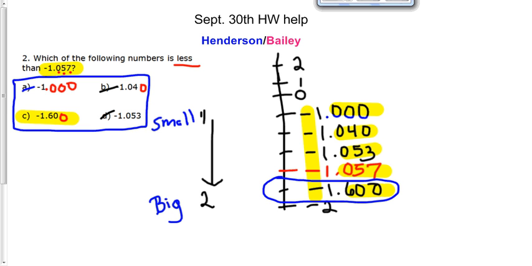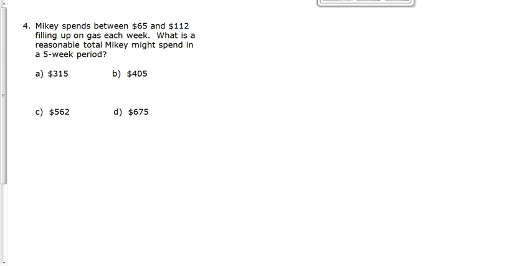Okay, moving on. Let's move on to question number 4. Mikey spends between $65 and $112 filling up gas each week. What is a reasonable total Mikey might spend in a 5-week period? Well, here, guys, there's a keyword we need to focus on, and that keyword is between. Because we have a between, it's not just a one-step problem. We're going to have a low, and our low was 65.